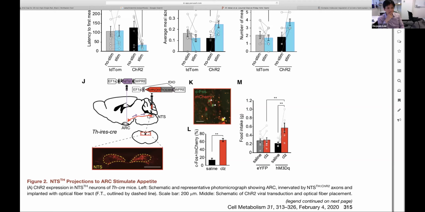The Flp will be retrogradely transported back to the NTS, expressed in those neurons. Mm-hmm. At the same time, the NTS neurons also express FLEX-DIO, so when they combine, they will trigger the Dq expression. That's how it works.